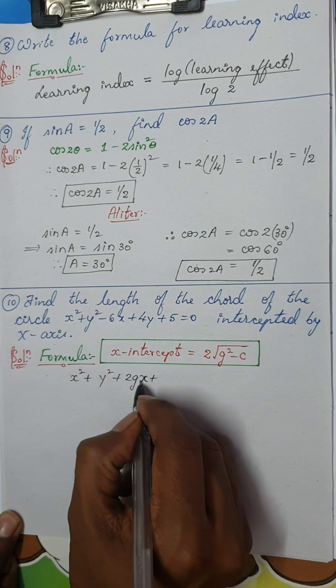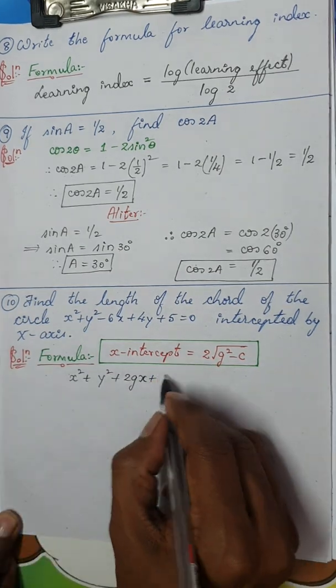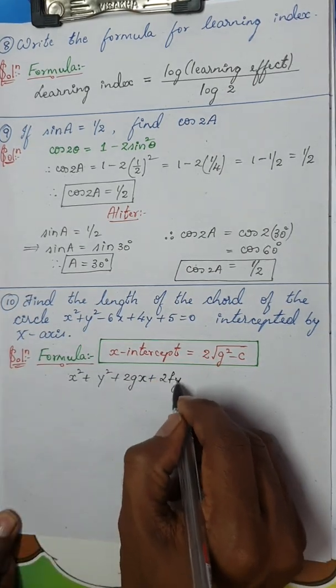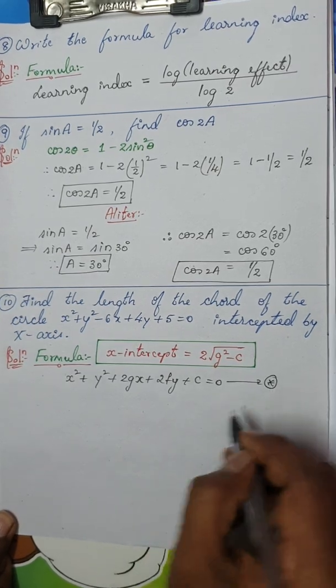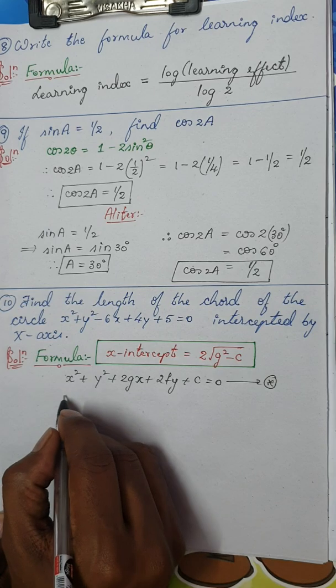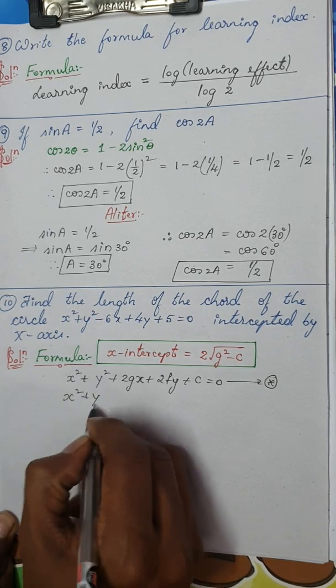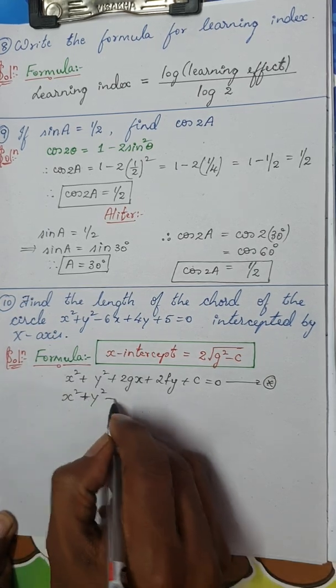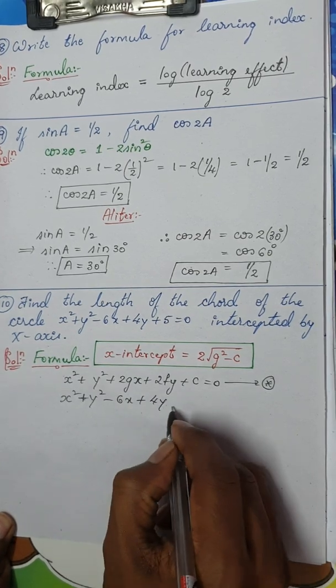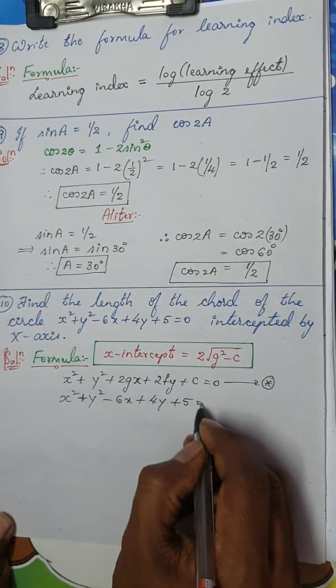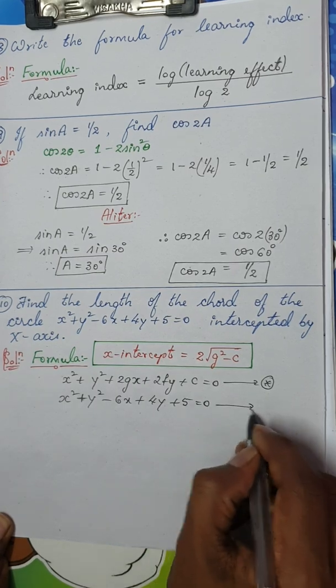The general equation of the circle is x square plus y square plus 2gx plus 2fy plus c is equal to 0. Now the given equation is x square plus y square minus 6x plus 4y plus 5 is equal to 0. This is equation 1.